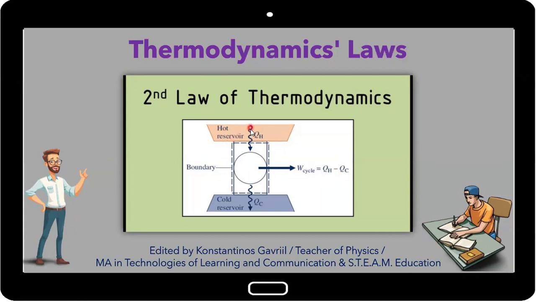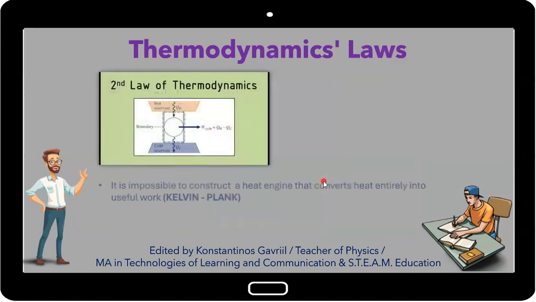The Q hot is the amount of heat that we consume, that we use in order for this engine to work. And the Q cold is the amount of heat that exits the engine to the environment. Okay, so let's see the statements.